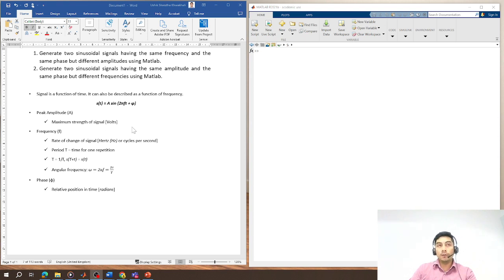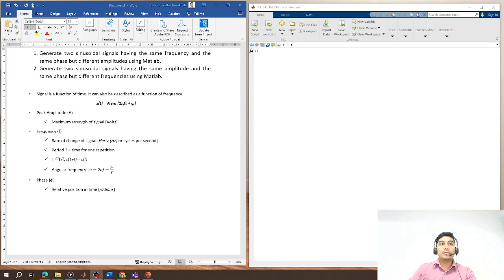Its unit is volts. And f is the frequency of the signal, which is the rate of change of the signal, and its unit is hertz. This frequency is reciprocal to the period of the signal, so T is inversely proportional to the frequency.